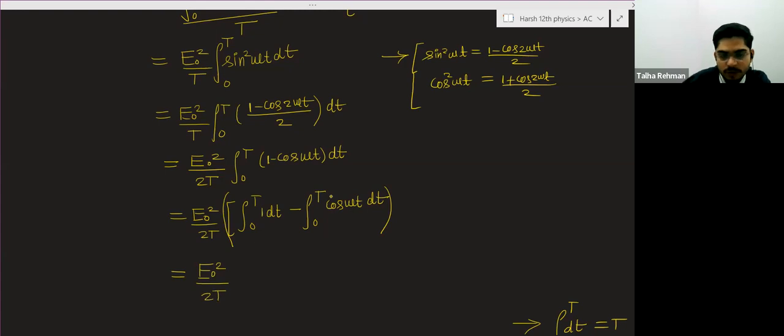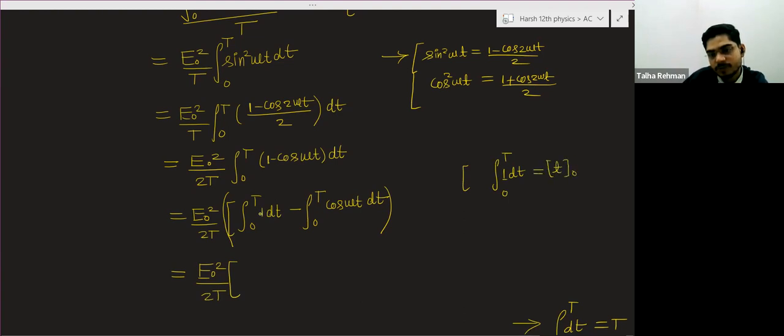See this: this is 1 into dt. What will be the integration of 1 into dt, with limit 0 to T? It will be t, and applying the limit 0 to T, finally you will get T.